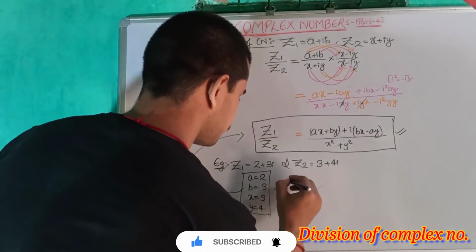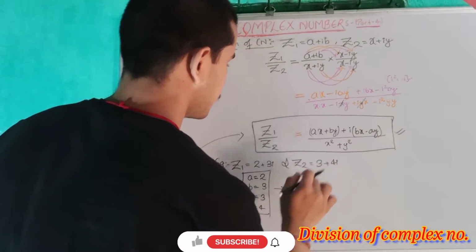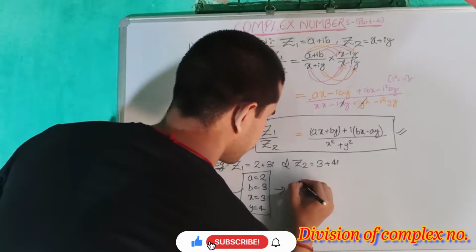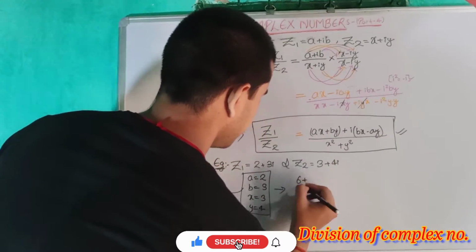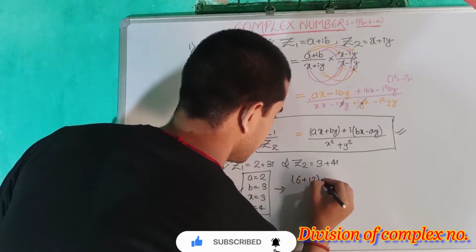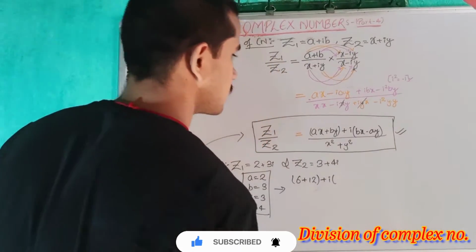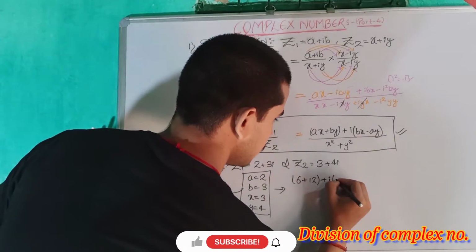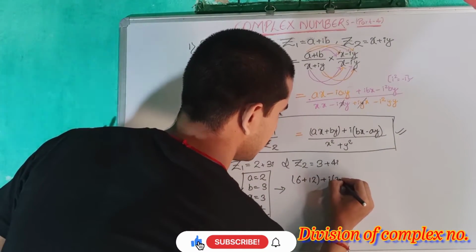Like see, it says ax plus by. So ax is 2 into 3, 2 3s are 6, and plus b into y, that is 3 into 4. So 3 4s are 12. This is the real part. Coming to the imaginary part will be bx minus ay. So bx is 3 into 3, that is 9.